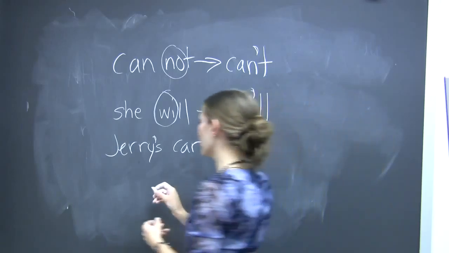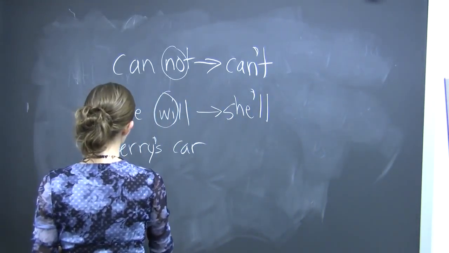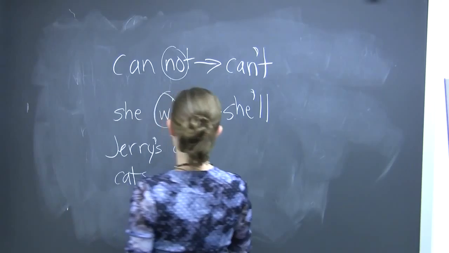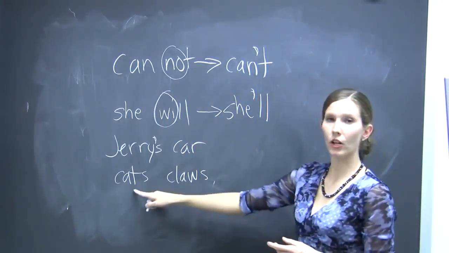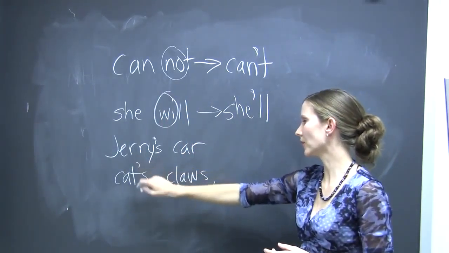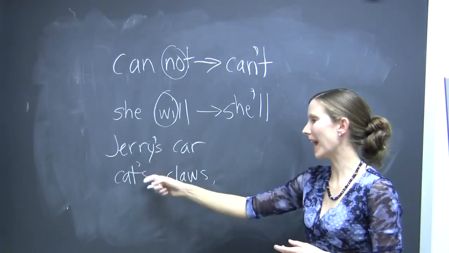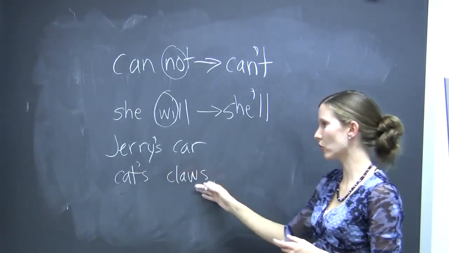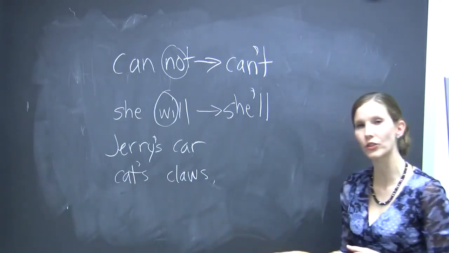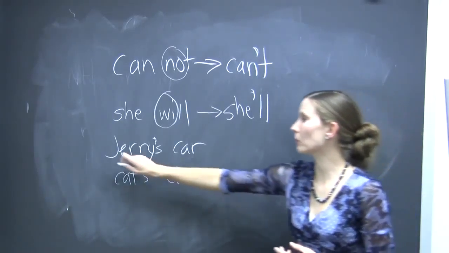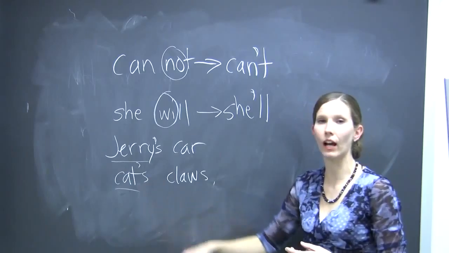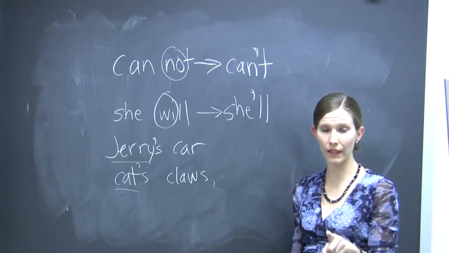Okay, here's one more example. If the claws belong to the cat, I would add apostrophe S to that noun to show ownership, that the claws belong to the cat. This is true when what you're dealing with is a singular noun, one person, one thing.